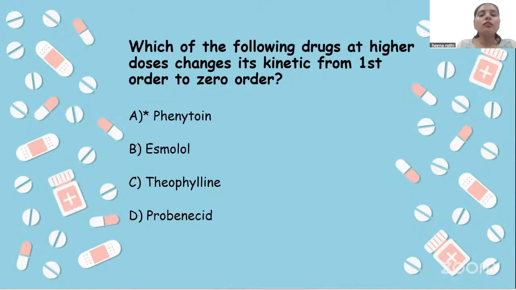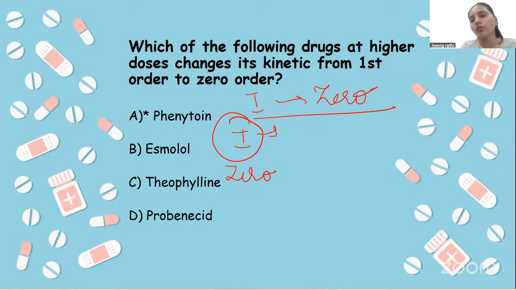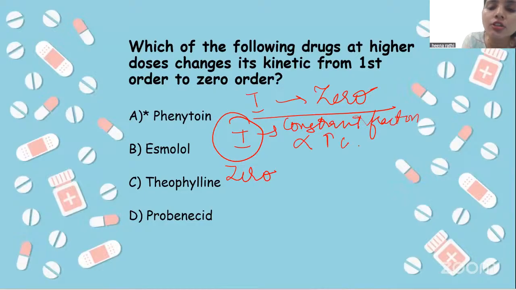Okay, there are drugs which change their kinetics from first order to zero order. This is a very important concept to understand: what is first order kinetics and what is zero order kinetics. Most drugs follow first order kinetics. First order kinetics means a constant fraction of the drug is eliminated every time we increase the concentration of the drug.